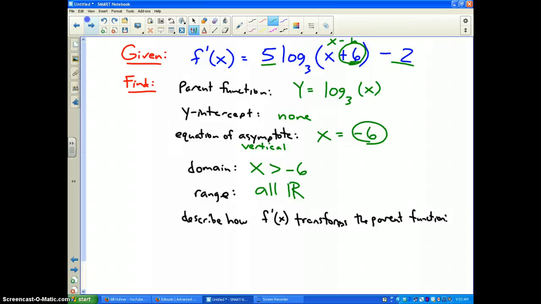And finally, how does f of x transform the parent function? Well, first of all, it stretches by a factor of 5.